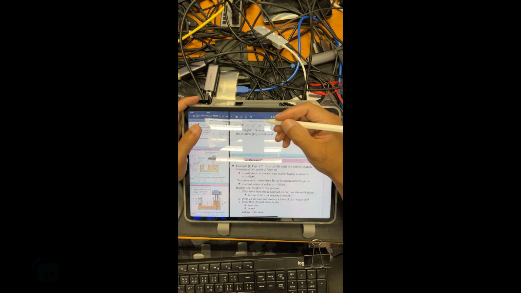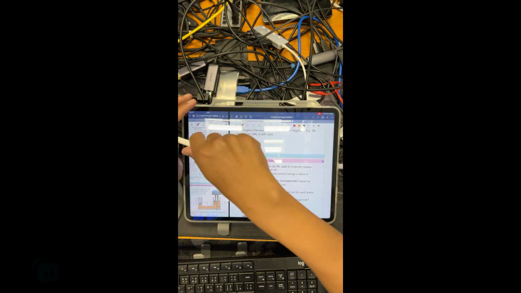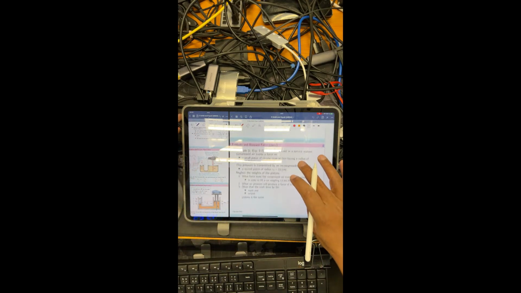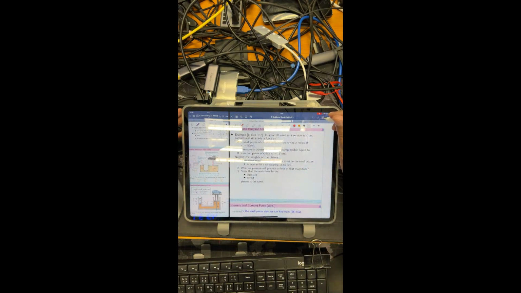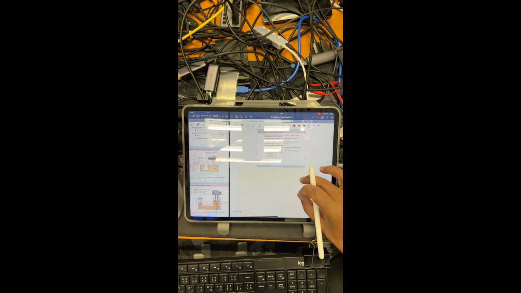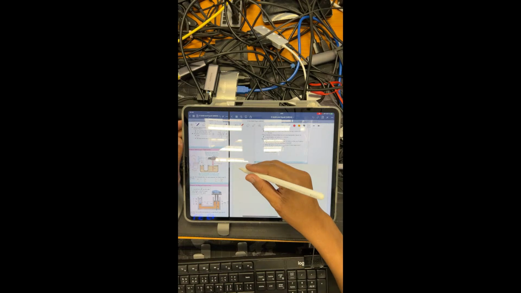All right, and a small piston of a circular cross section having a radius of R1 5 centimeter, which is quite small. All right, you have the piston right here.